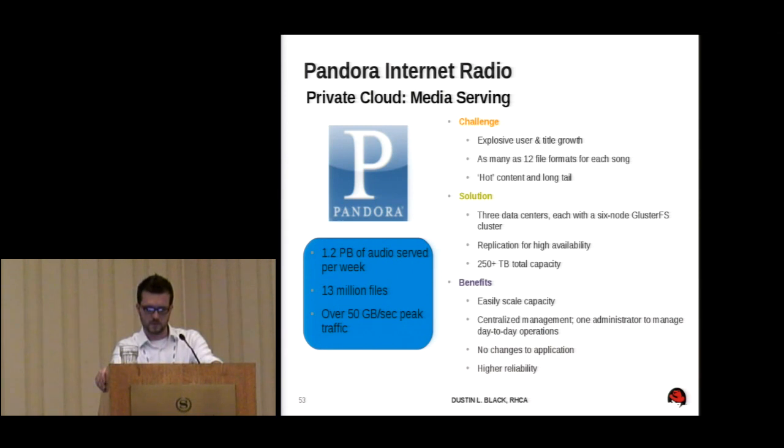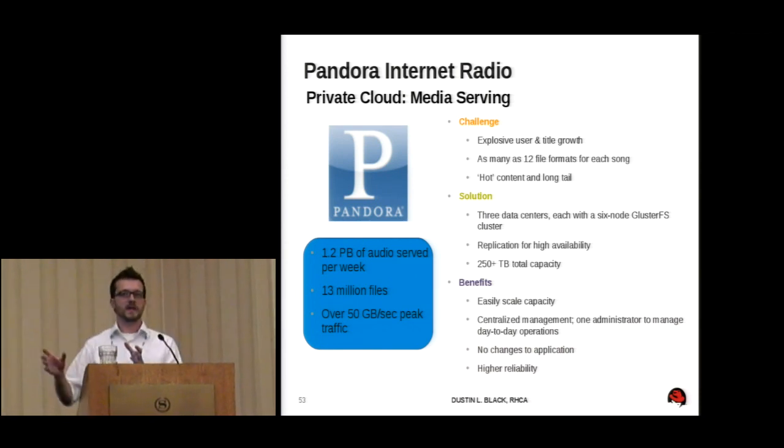So we talked a little before about scenarios where you may or may not use the rebalance, and hot content is one of those places where rebalance is probably not something that you want to do. As Pandora needs to expand their storage infrastructure, they can add additional Gluster nodes, additional bricks of storage, and by not rebalancing, they now have the newer technology, the more modern, the faster stuff that is free and available.